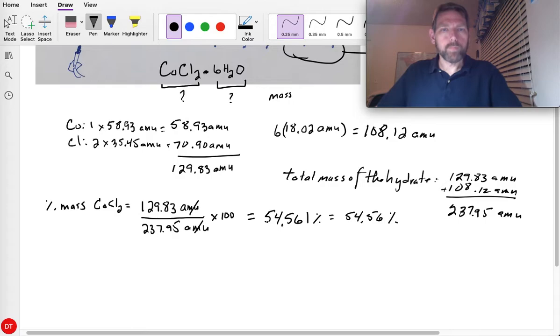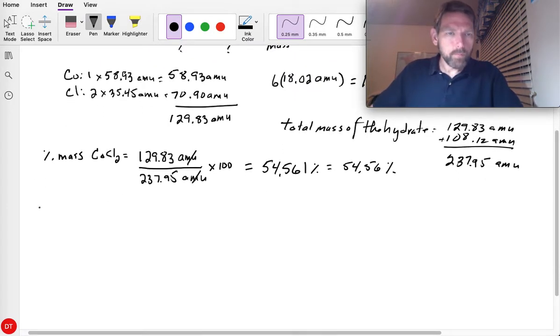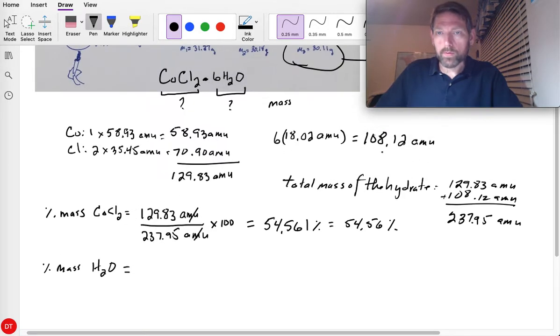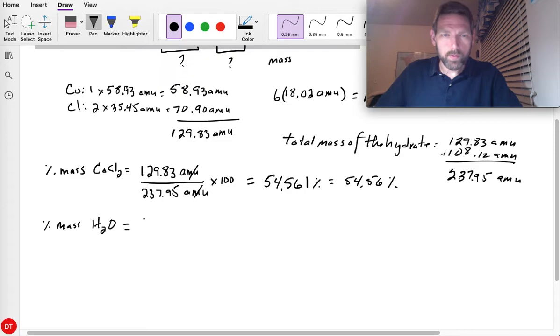All right, so now we need percent mass of the water. And we figured out over here that the water was 108.12 AMUs.